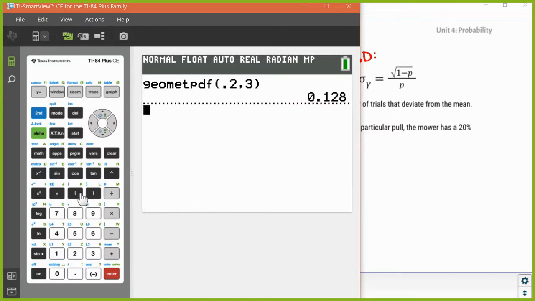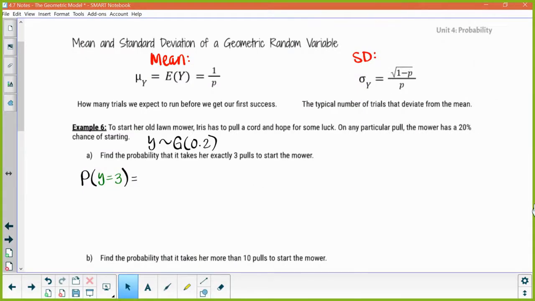Now I do want to show you that's the same thing as me doing her failing on the first try, failing on the second try, and then getting it on the third try. We get the same value. So you can use the calculator method. You can do it by hand with your calculator. Either way works. If you are doing it without writing out the formula, you do have to write your calculator input.